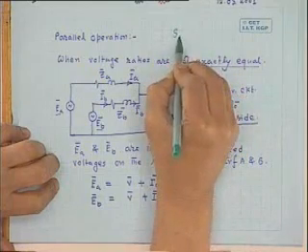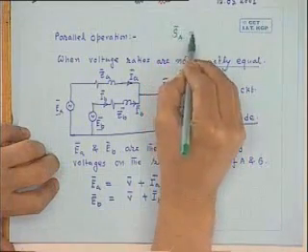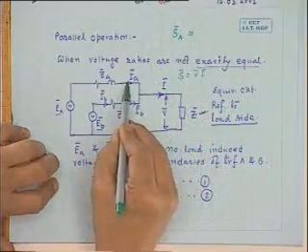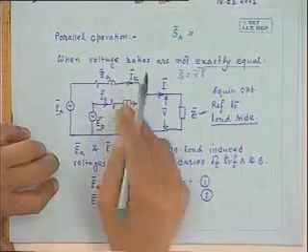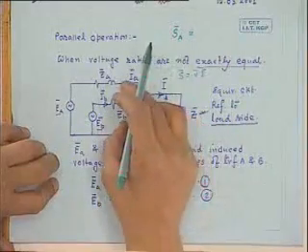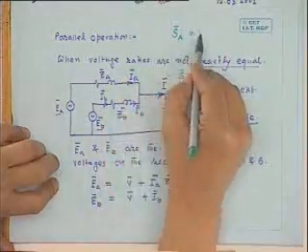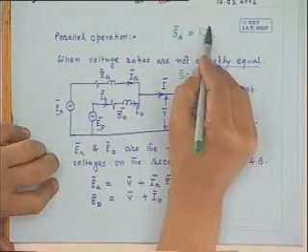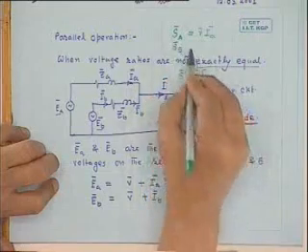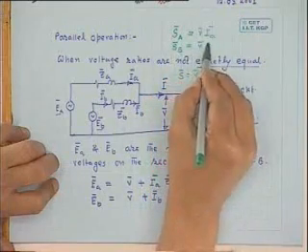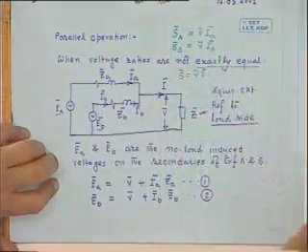KVA delivered by transformer A, how much will it be? Transformer A winding current is IA bar. At which voltage is it delivering? V only. This is V, here also it is V. So it is V bar IA bar. Similarly, KVA delivered by transformer B will be V bar IB bar.